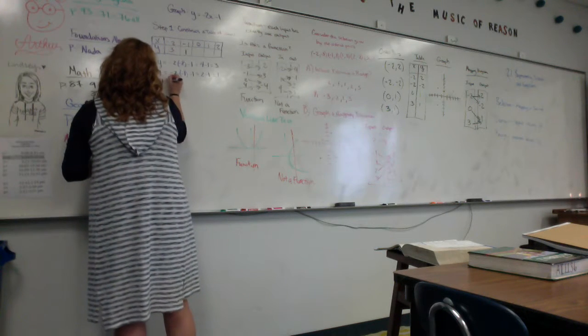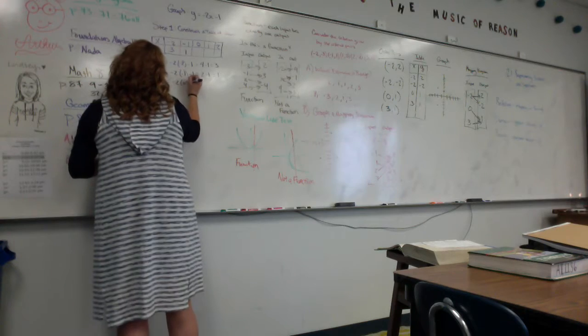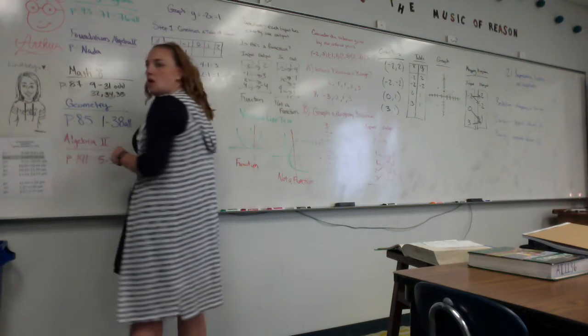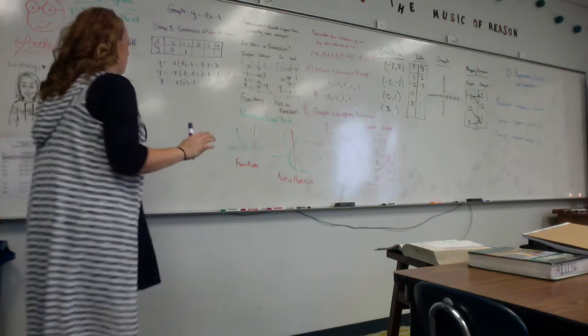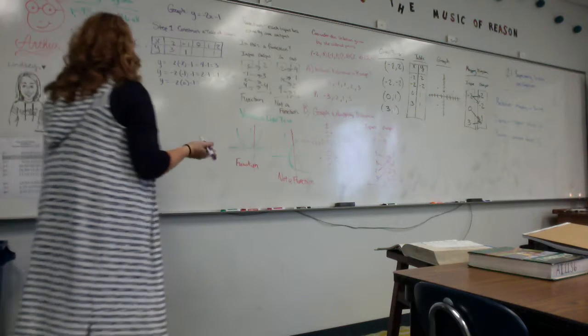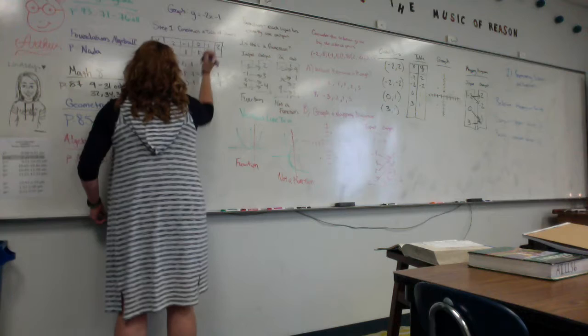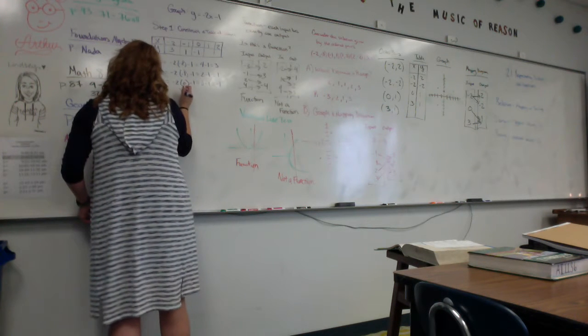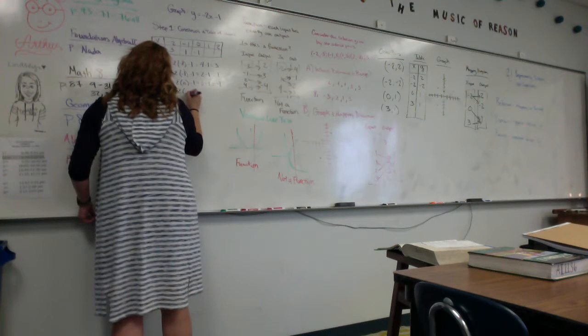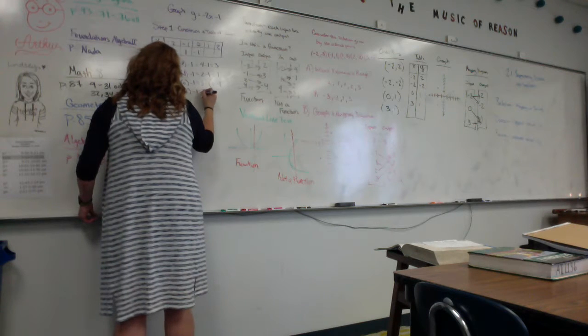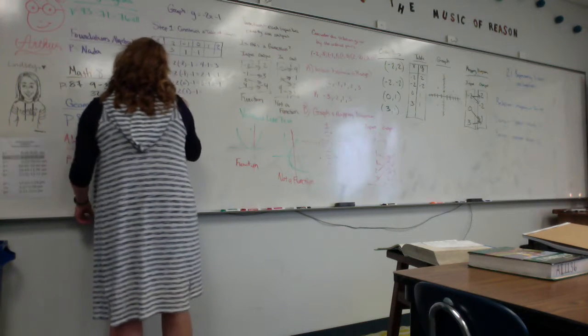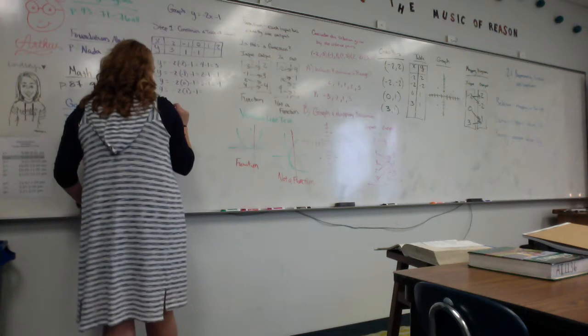If I plug in a 0, I have negative 2 times 0 minus 1 equals, what is negative 2 times 0? 0. So then 0 minus 1 is negative 1. If I plug in a 1, what is 1 times negative 2?